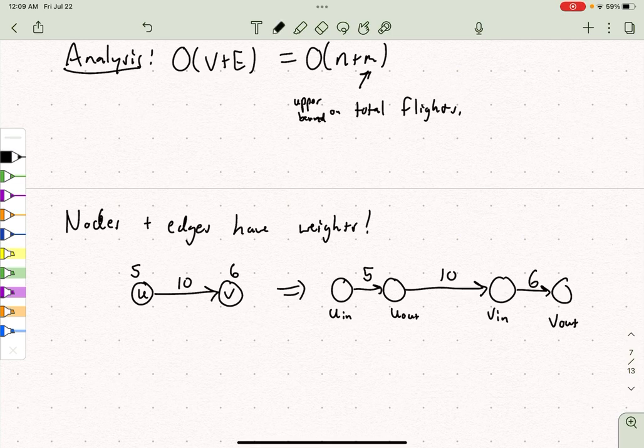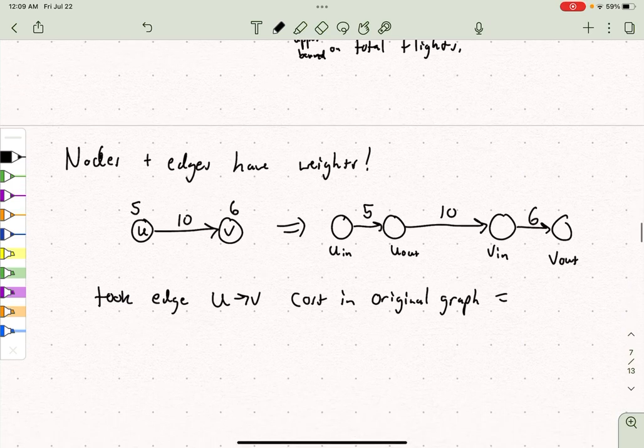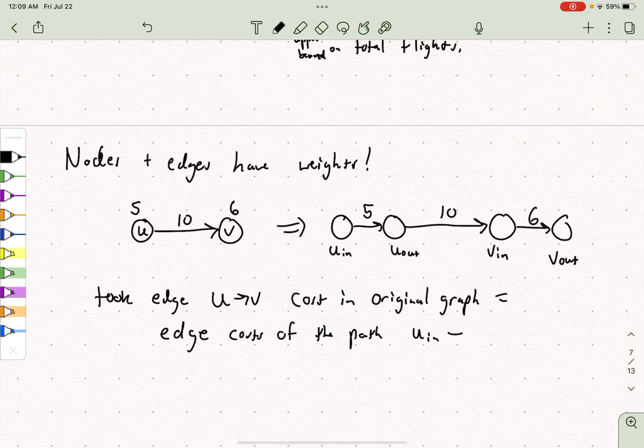So now if you took a path from u to v, or took the edge u to v, its cost in the original graph is equal to the edge cost of the path u in to v out in the new graph G prime.